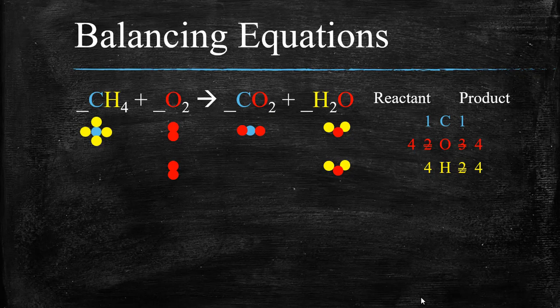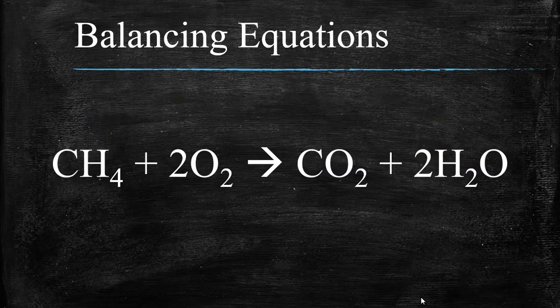So on those little dashed lines, we now put how much of each molecule we have. We have 1 methane, 2 oxygens, 1 carbon dioxide, and 2 waters. I tend not to write the 1s. As a matter of fact, most chemists don't write the 1s. And when I wrote it out, my final balanced equation would look like this.